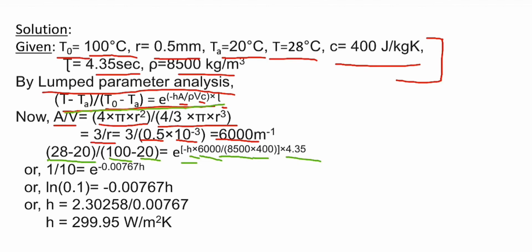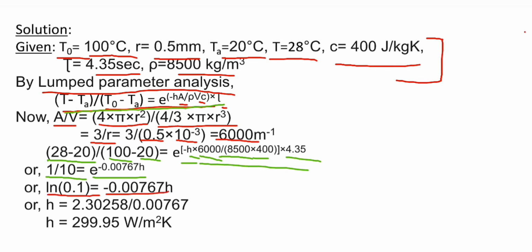After calculating this we get 1 by 10 is equal to e to the power minus 0.00767 h.